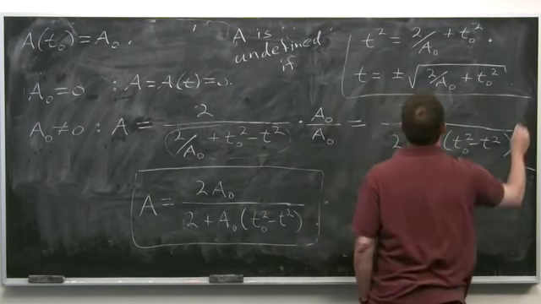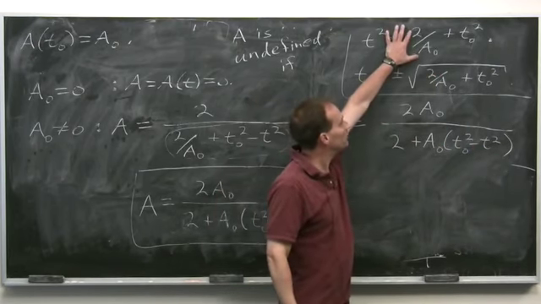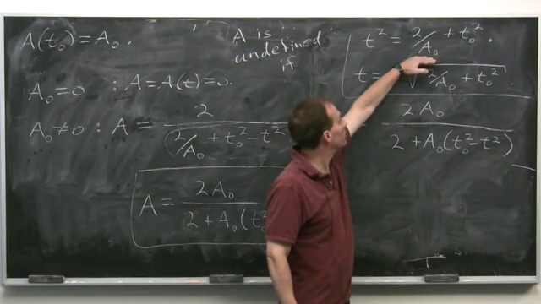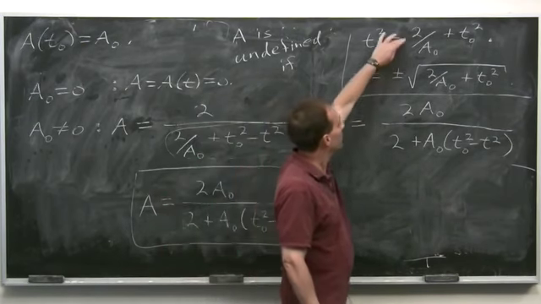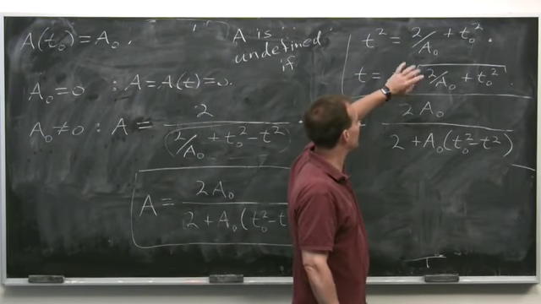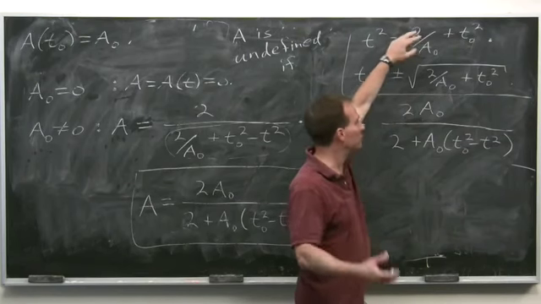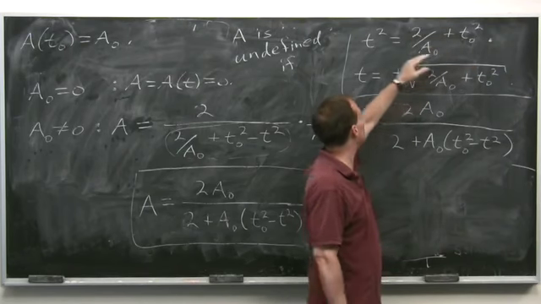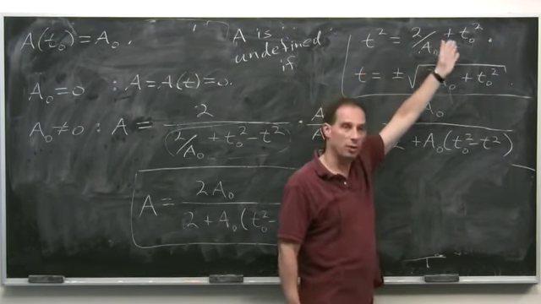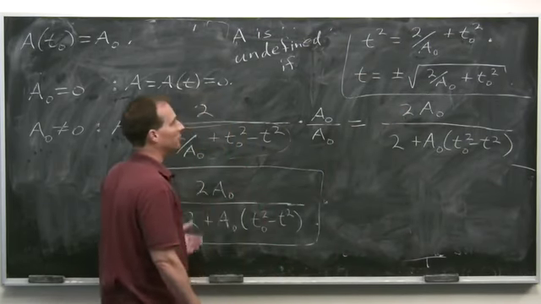If this is actually a positive or non-negative real number, then there are actually times when you'd get t's for which this is undefined. On the other hand, if 2 over A0 is negative, and big enough, or negatively big enough, so that it overwhelms the T0 squared, so that this is negative, then t squared equals a negative number. That wouldn't happen for any real numbers t, and so the solution would be defined everywhere.